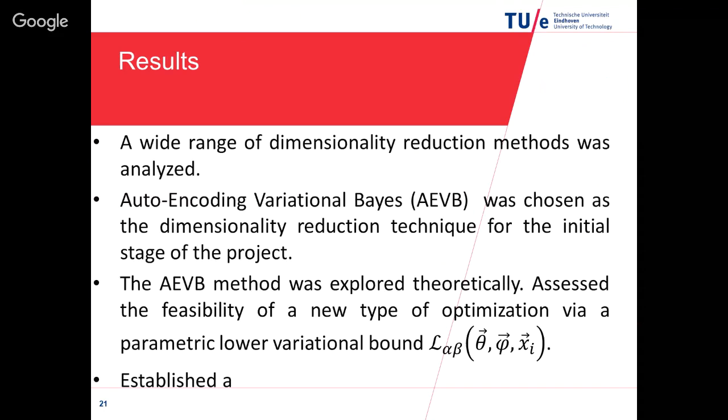Then later on, we tried to address some theoretical questions on the autoencoding variational Bayes and assess the feasibility of a new type of optimization via parametric lower variational bounds.